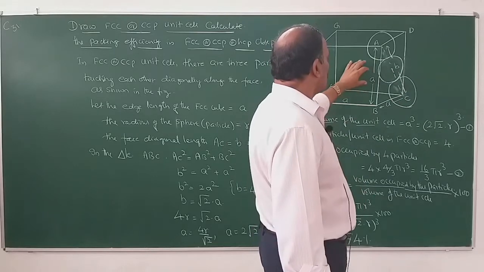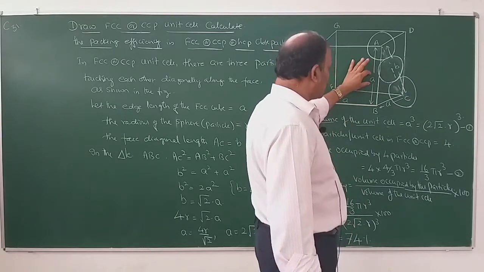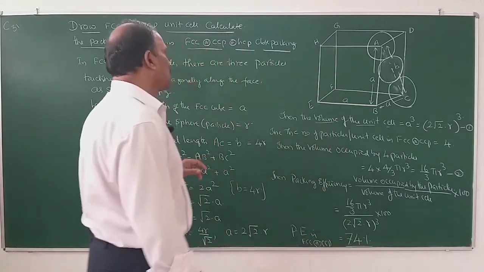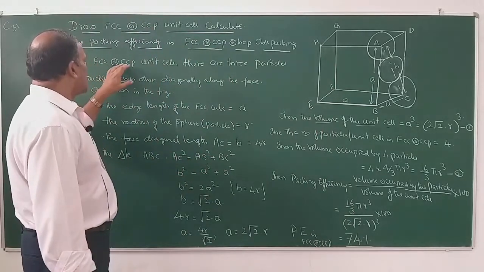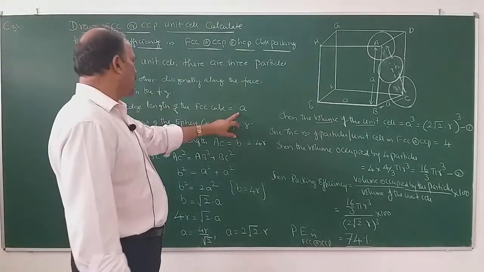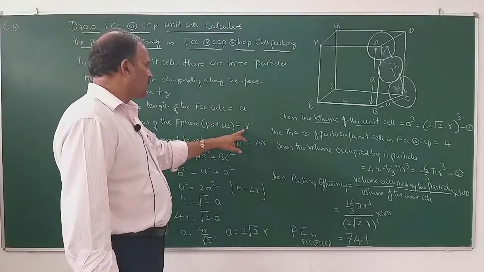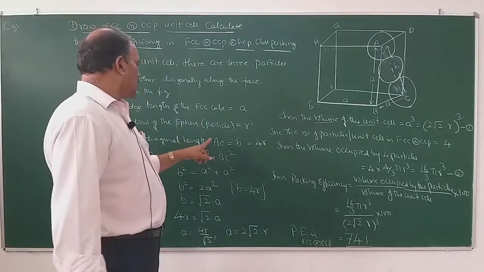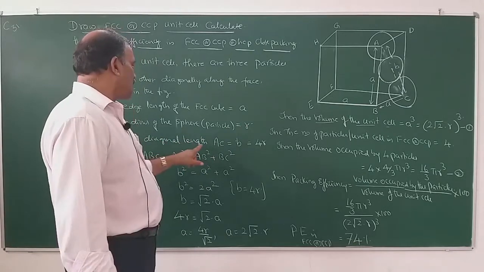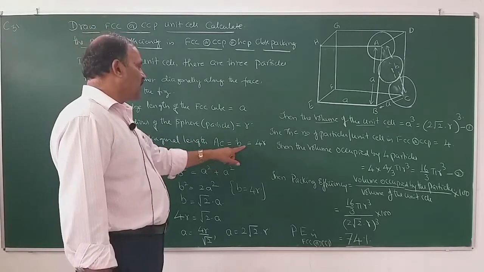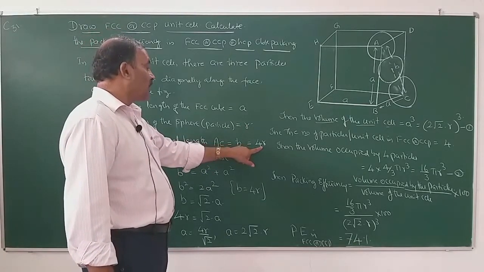In this unit cell, the edge length is small a, the radius of each sphere or particle is small r, and the face diagonal length AC is equal to B, that is equals 4r.